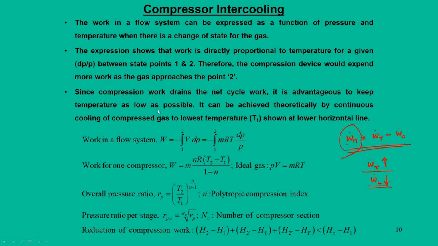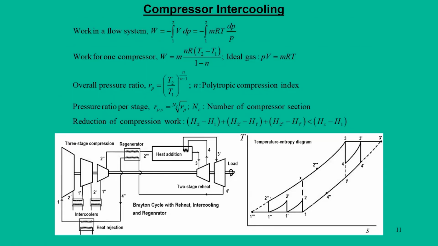So, what do we normally do? We do this kind of intercooling in stages, and that is the reason we look at this particular figure of a Brayton cycle integrated with intercooling. Intercooling is normally done at the compressor stage. Instead of single stage compression, we have introduced 3 stage compression, A, B and C, and in between we have intercoolers.